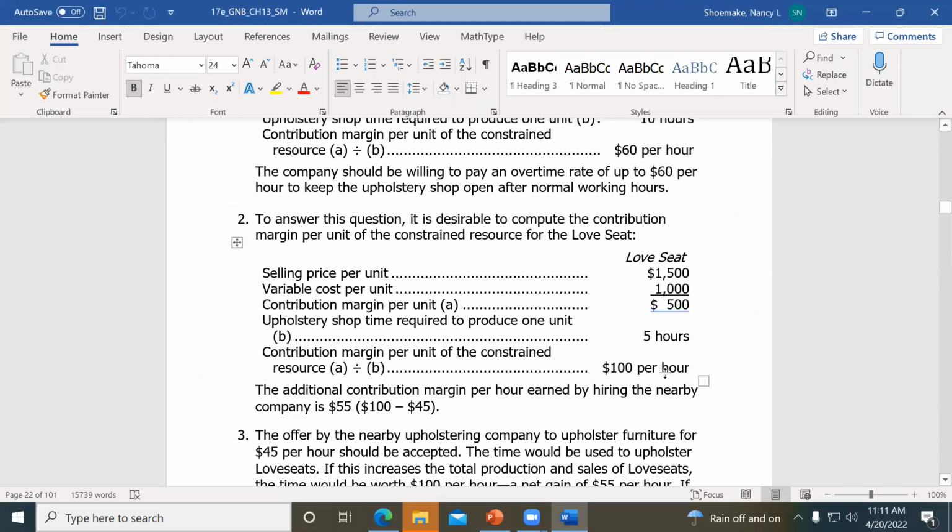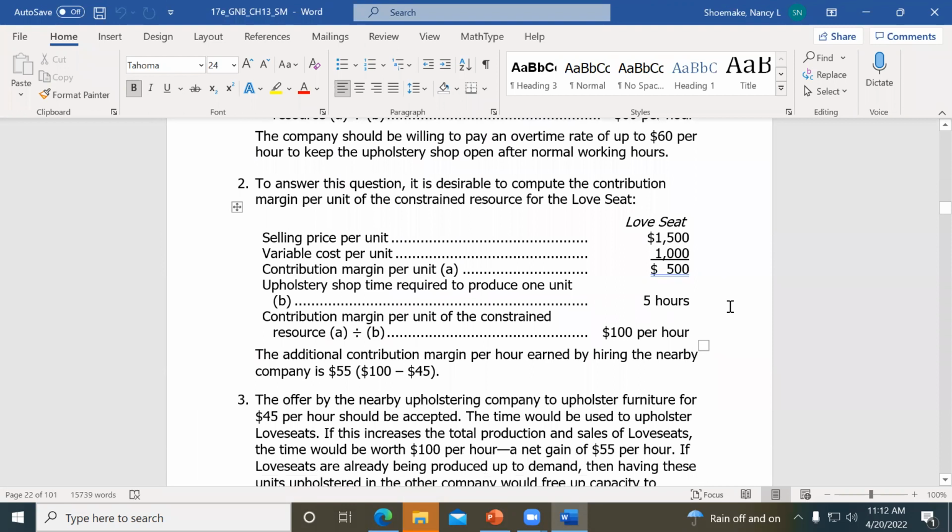So we'll look at the contribution margin of the love seat, the selling price less variable cost. It takes 5 hours. So they wouldn't want to pay more than $100 an hour, right? Is it worth it?